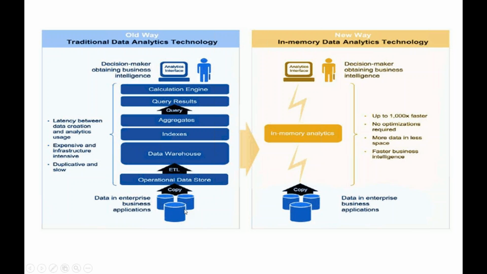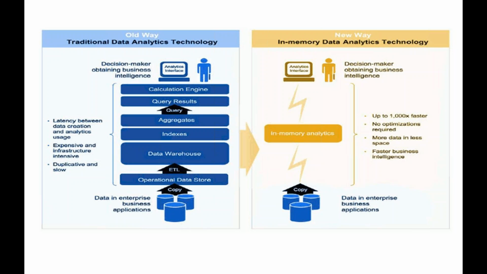Whenever they want to generate reports from your database, we never give direct access to your enterprise business applications data. We always provide a copy to your ODS system, operational data store. So we allow the IT people to connect from here, not from here, because this should always be on the safer side. So we copy the data and move it into the operational data store. So this is the access point for the people.